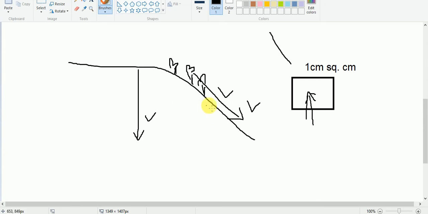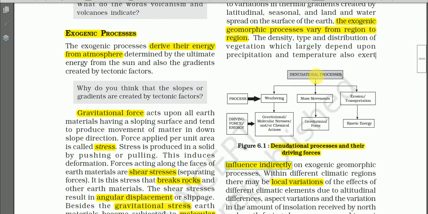Once the slope is covered with very thick forest, the action of geomorphic processes will be less. If the surface is covered with thick vegetation, the action of the geomorphic processes will be less, and for bare surfaces, the action will be very high.